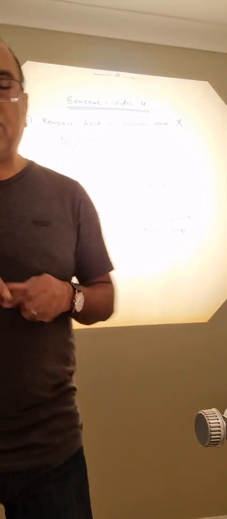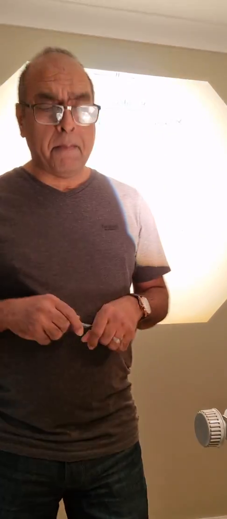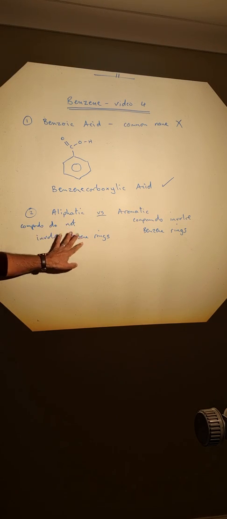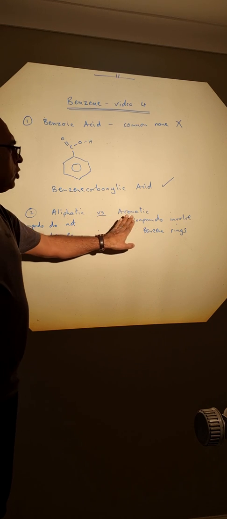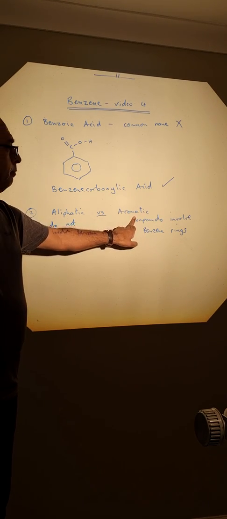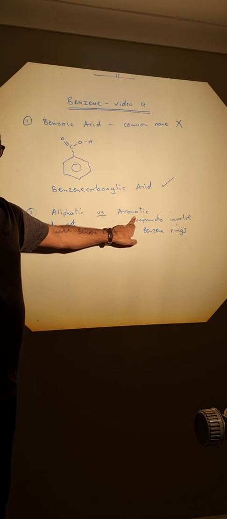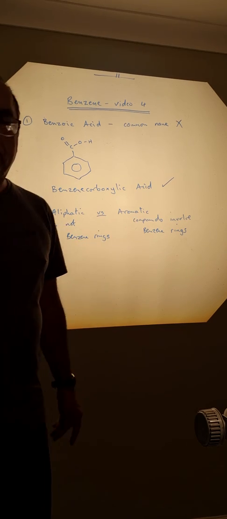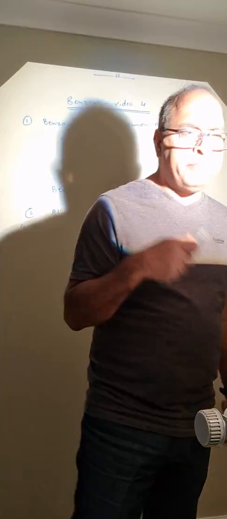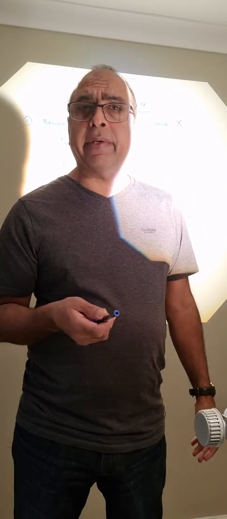So when we're talking about, for example, bromobutane, that would be aliphatic because it's not got any benzene rings. Whereas if we're talking about bromobenzene, bromobenzene would be aromatic. So I want you to use the terms correctly: aliphatic and aromatic. And basically at A level, just benzene rings.